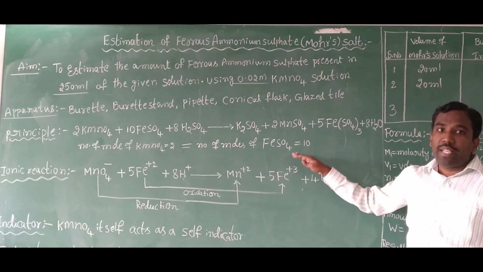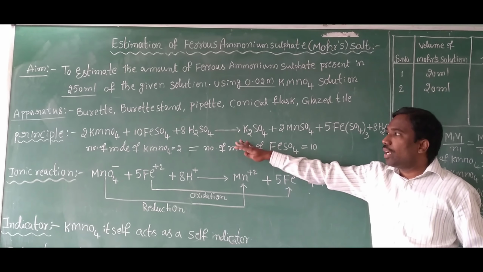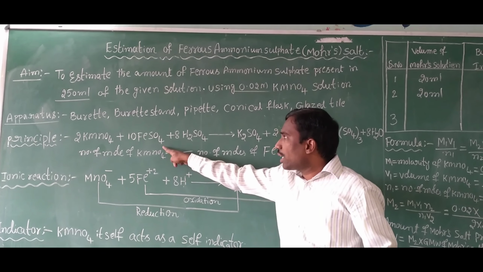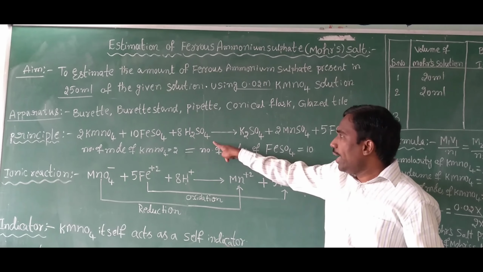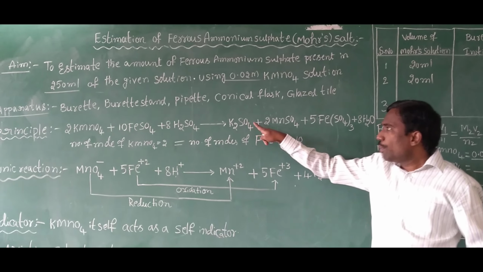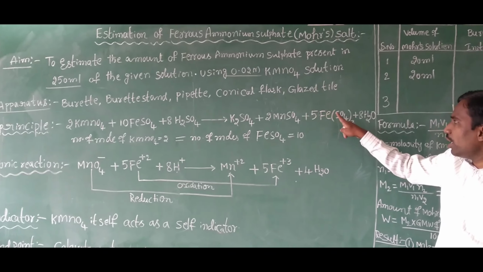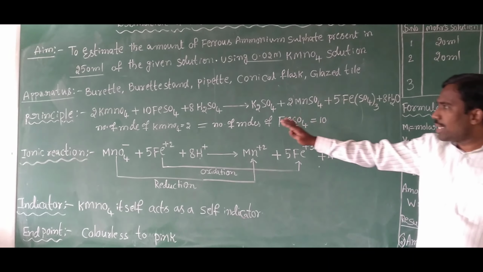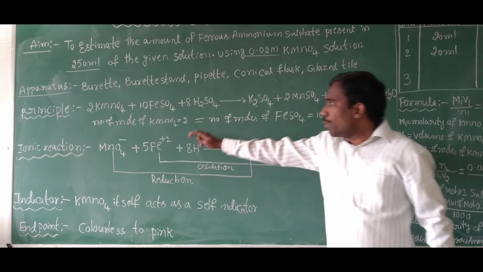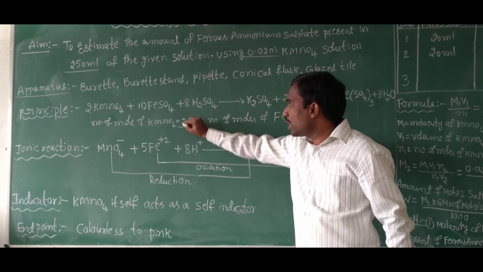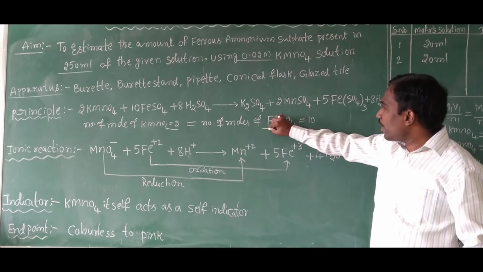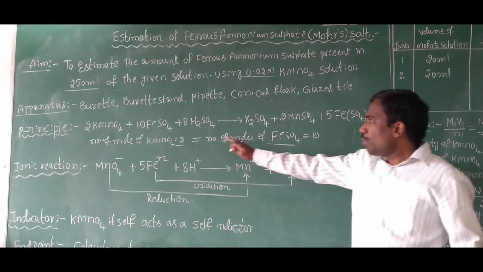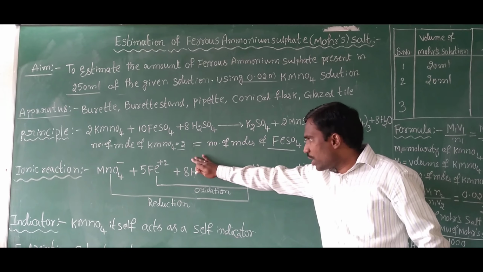The principle of this chemical reaction is that 2 moles of potassium permanganate react with 10 moles of ferrous sulfate and 8 moles of sulfuric acid to form potassium sulfate, manganese sulfate, ferric sulfate and water as the final products. After balancing this chemical reaction, the number of moles of potassium permanganate is equal to 2 and the number of moles of ferrous sulfate is equal to 10.